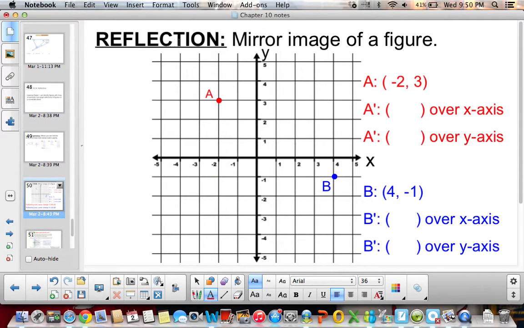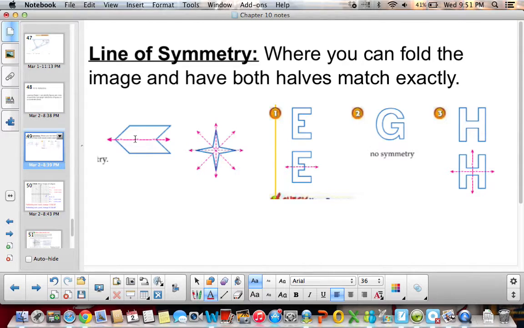So a reflection, which is another word that you should write in your notebook, is the mirror image of a figure. So basically, when we are drawing a line of symmetry, back to here, this side is basically the reflection of this side over here.